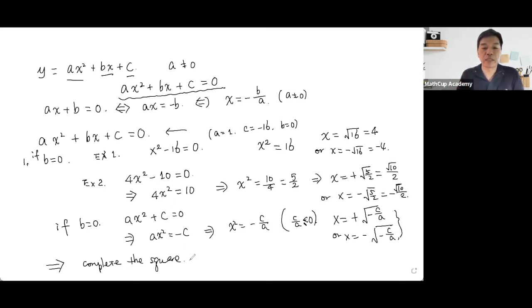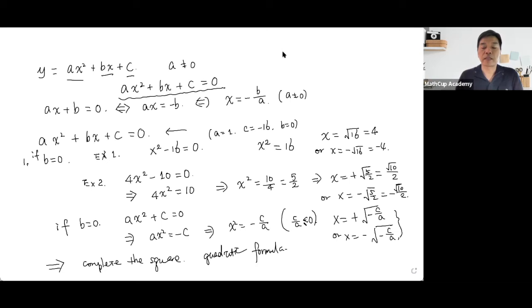This is the complete the square technique, which leads to the quadratic formula. This is one way to derive the quadratic formula, and we're going to do that in some class down the road. In this lecture, we're going to mainly focus on the second approach, another simple case.